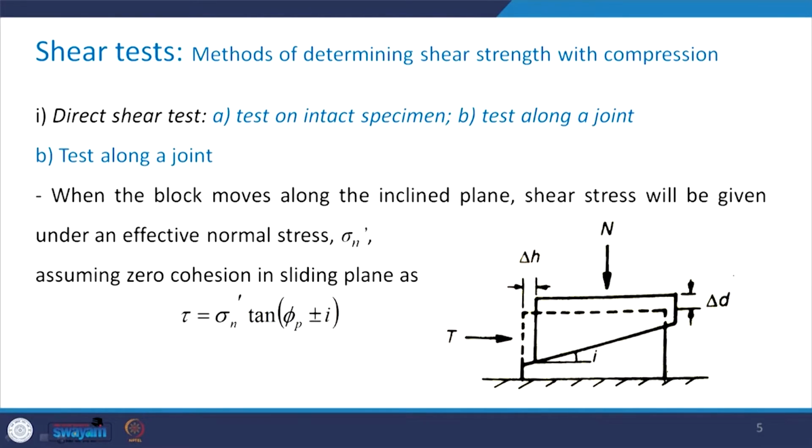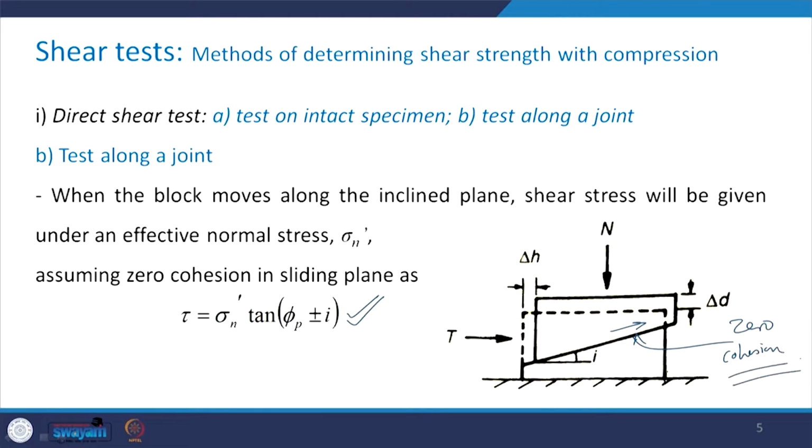The shear force is in this direction and therefore the block is moving upwards along the plane of sliding. So, the shear stress will be given by this expression, where it is assumed that there is zero cohesion in this sliding plane.